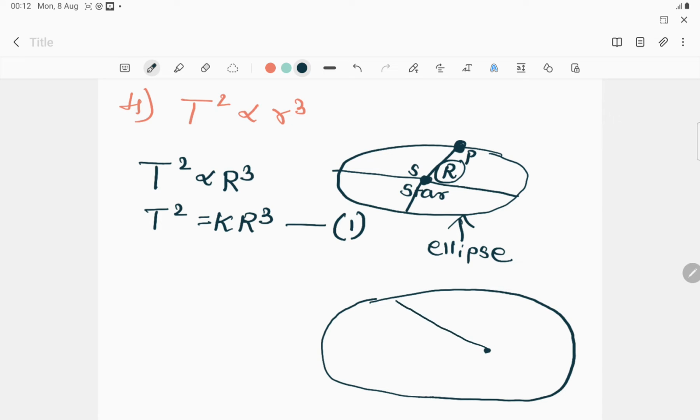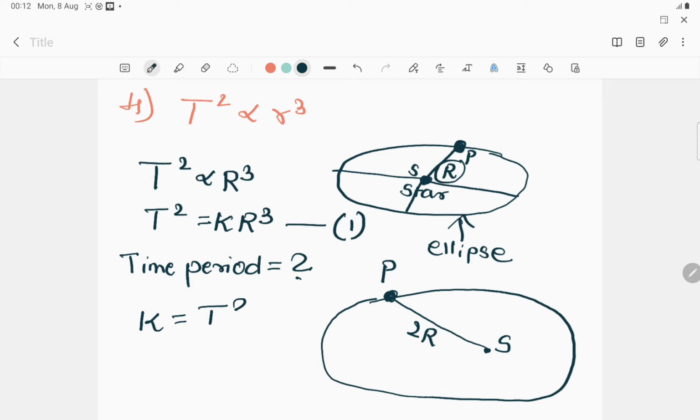Now if it was at a distance of 2r, again considering the mean distance, consider this as planet P and star S. Its period of revolution is what we need to find. Now see equation 1: k will be equal to T square upon r cube.